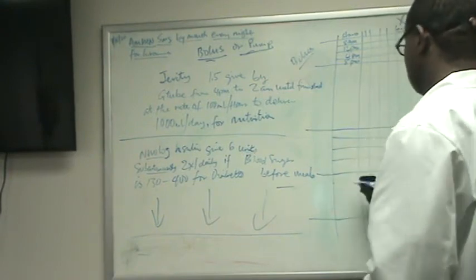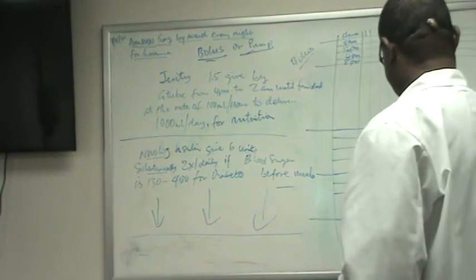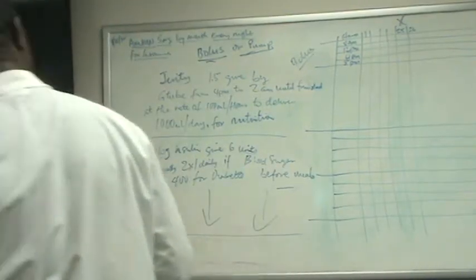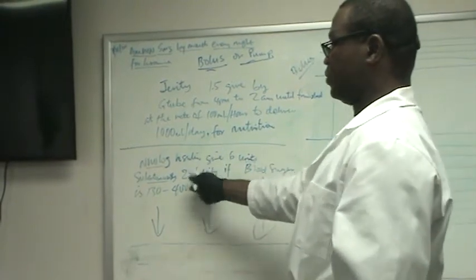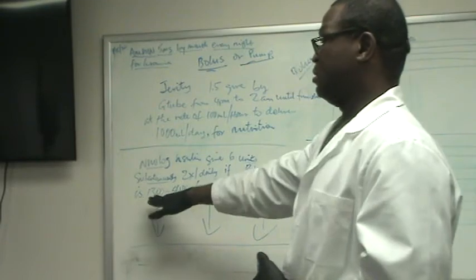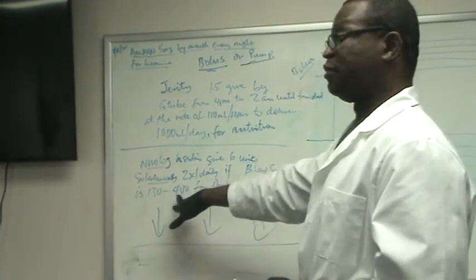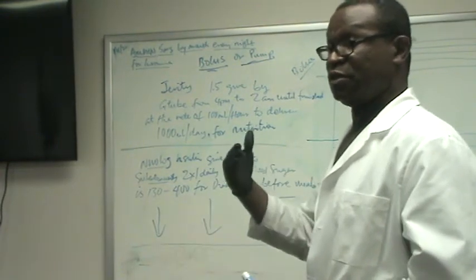A sample order like this. Okay, we can turn this off now. So, doctor says to check blood sugar twice a day and give insulin if blood sugar is above 110 to 400. Usually if it's above 400, then you have to call your charge nurse for additional instruction.